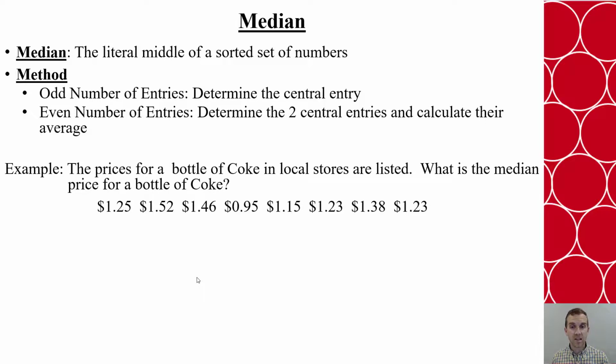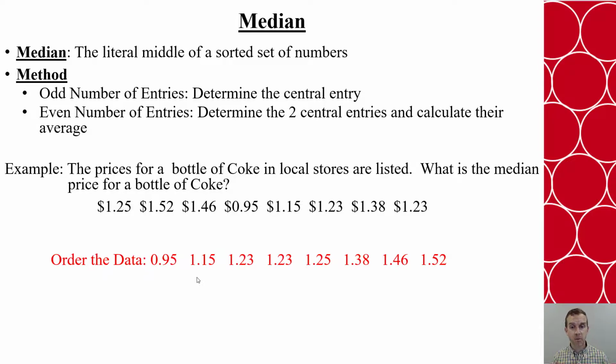So let's go back to our example from a minute ago. We're looking at the bottles of Coke and we have these 8 prices and we want to calculate the median. In this case, we first have to order the data. Here I've put the data in order from least to greatest. Now, we know that because it's an even number of entries, because there are 8 entries here, we're going to take our 2 most central values.